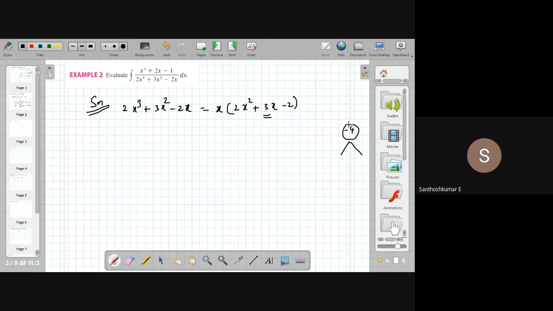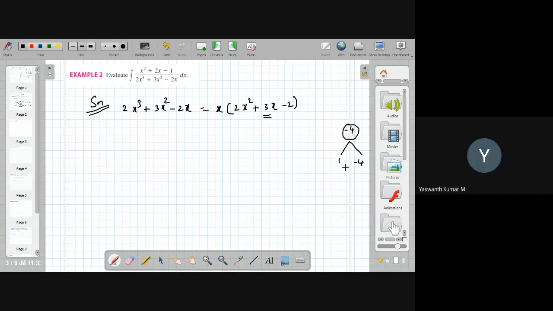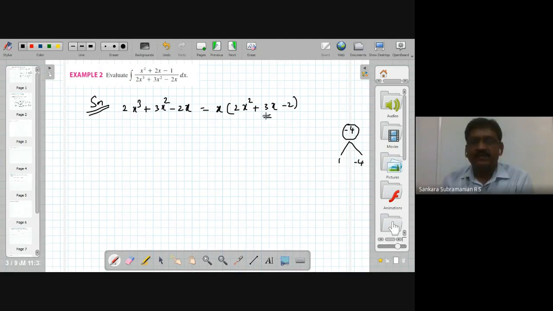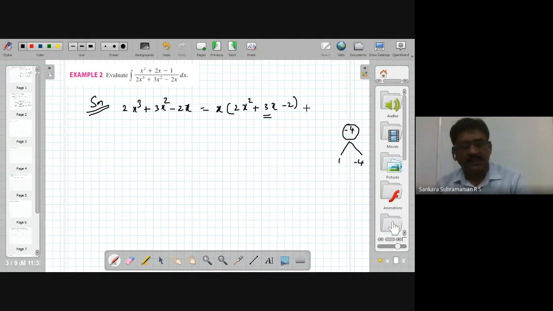What are the two numbers? 1 into minus 4 is minus 4, but if you add, you get minus 3, and I should get plus 3. What I can do is 4 into minus 1. So if I multiply minus 1 and 4, I get minus 4, and if you add, I get plus 3.